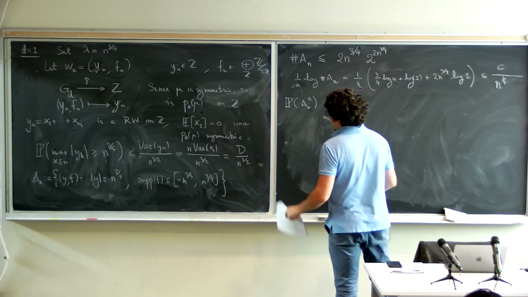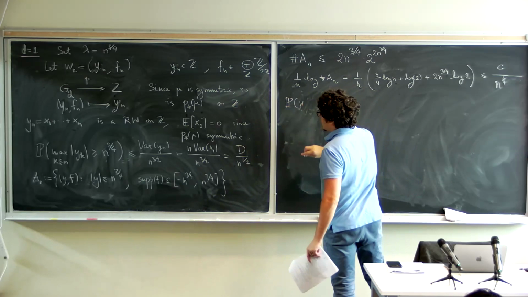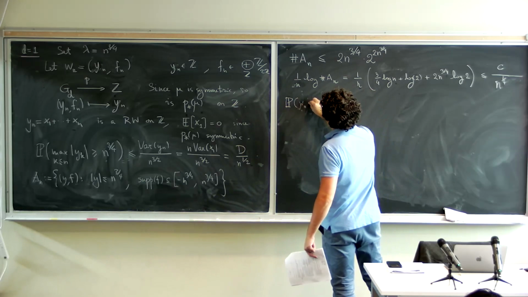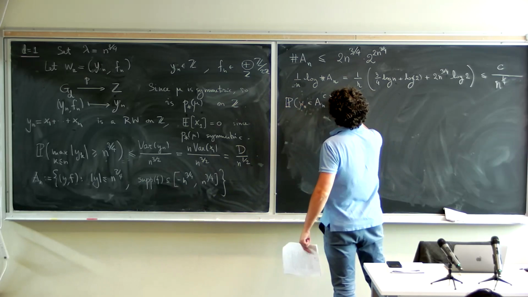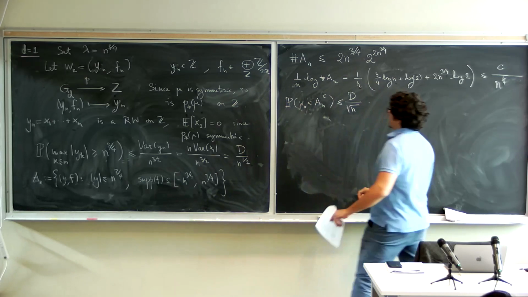So the probability that W_n is in the complement is bounded above by d over square root of n.